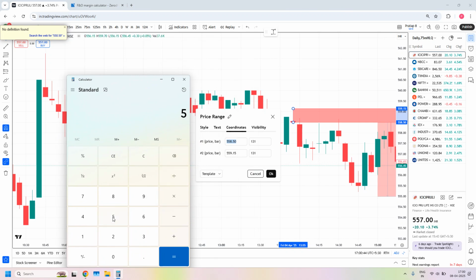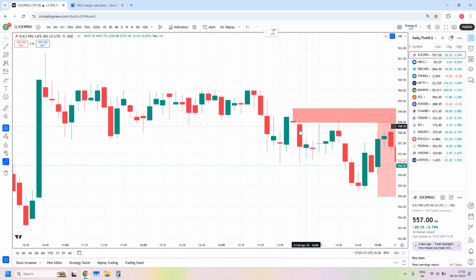Let us calculate. 559.15 minus 550, that is 8.5065, and maybe another 20 or 25 paisa stop buffer will be there.